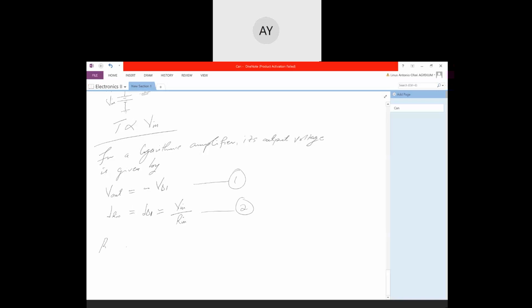But VD1 is equal to VT times ln of ID1 over IS.